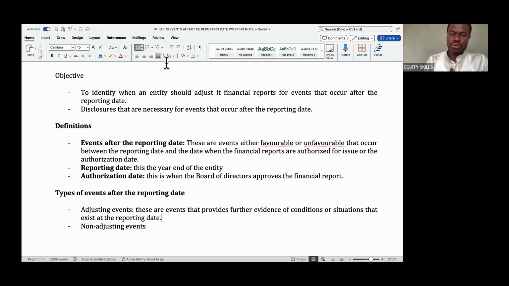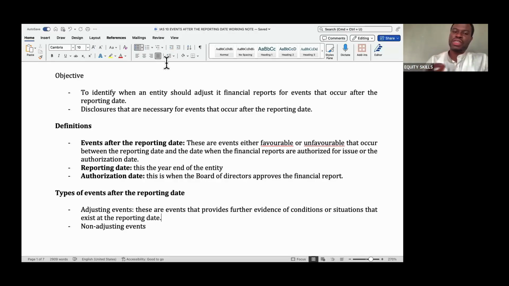It's just like probably there is a customer that was owing us so much money, and the guy has not paid for a long time. At the end, we were still hoping that he will pay. But a little after the end, before the authorization date, we had information that he has gone bankrupt.